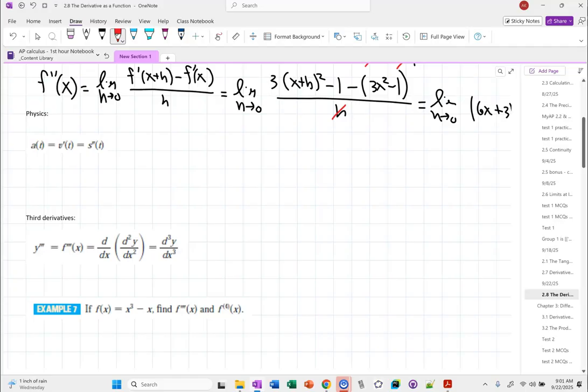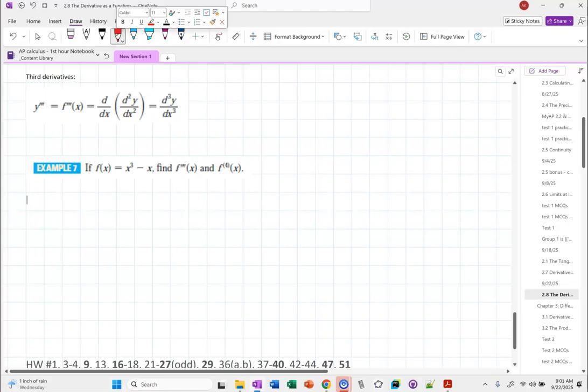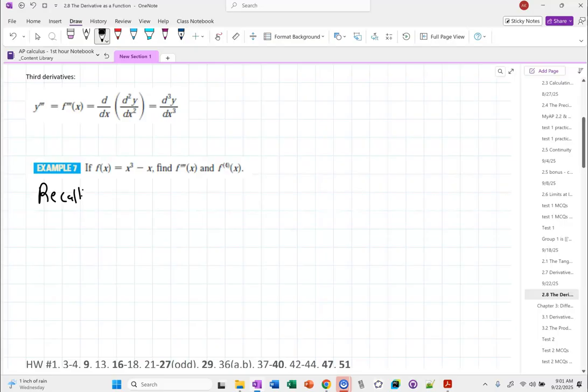Okay. We can do third derivatives. Oh dear, Mr. Kulik. So notice this is still that same function we've been working through. So let's do that.